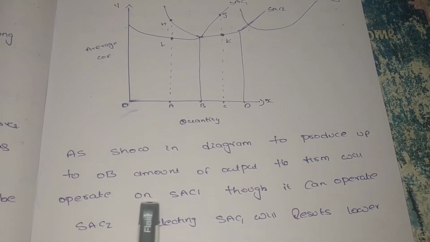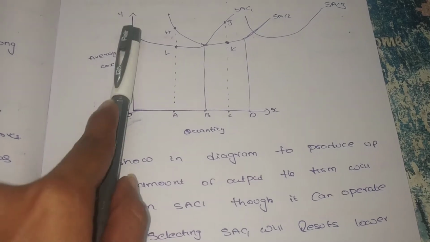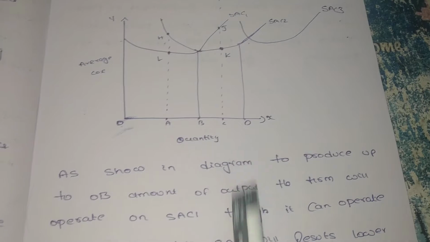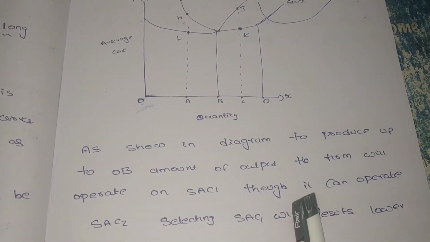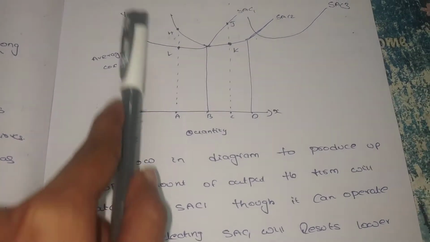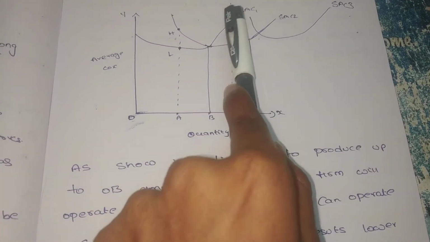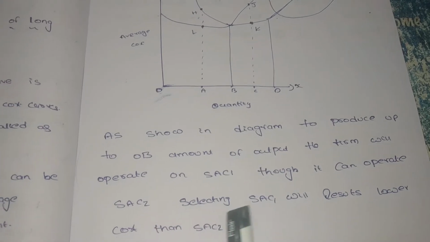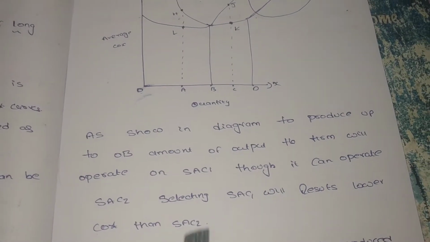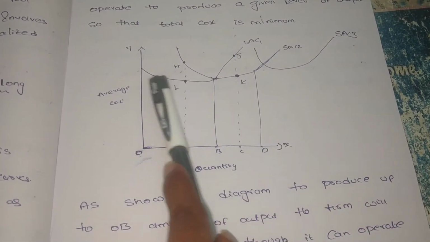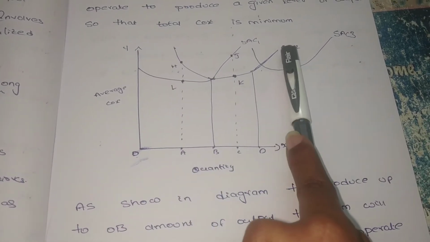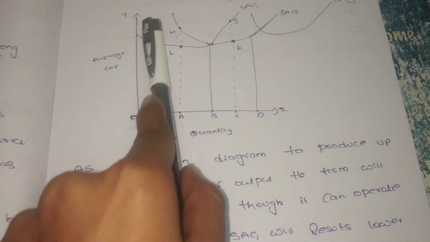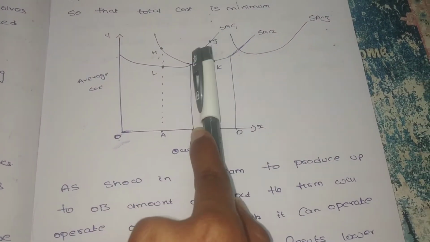The firm can operate on SAC1, the short run average cost curve, though it can also operate on SAC2. Selecting SAC1 will result in lower cost than SAC2. There are two opportunities we have: short run average cost curve 1 and short run average cost curve 2, for producing OB units. But we are taking SAC1 because it gives minimum cost.